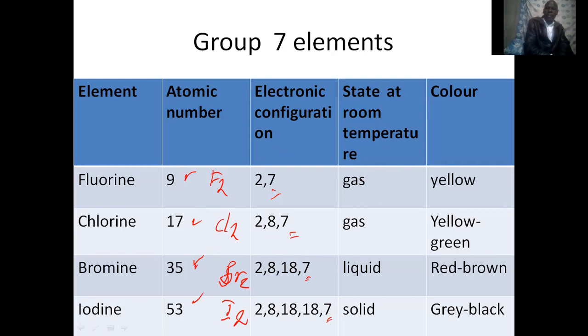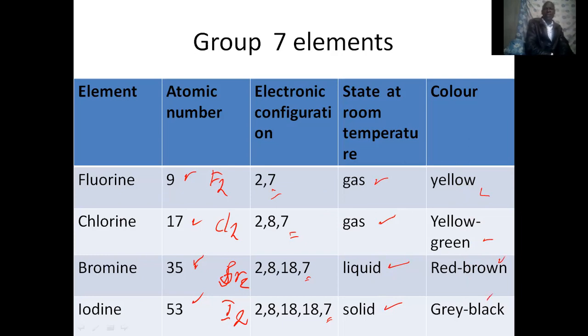At room temperature, fluorine is a gas, as well as chlorine is a gas at room temperature. Bromine is a liquid, and iodine is a solid. As for color, fluorine is yellow, chlorine is yellow green, bromine is red brown, and iodine is gray black.